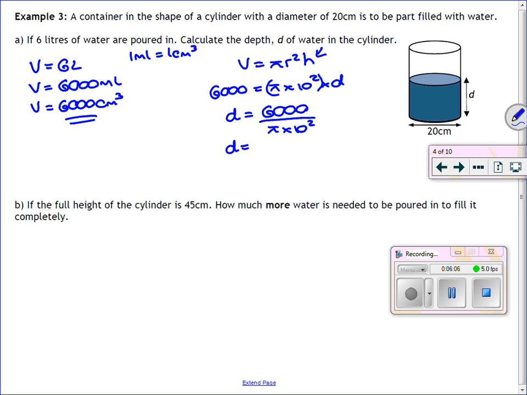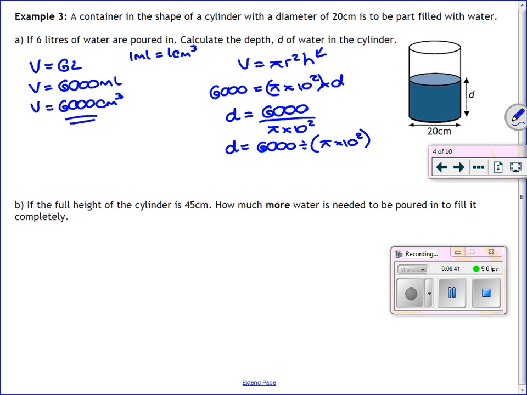And that's just what we plug into the calculator. So 6,000 divided by, and remember when you're typing this in, like I've said before, watch out for what you're typing in terms of the bottom. Type it into the calculator as 6,000 divided by, open bracket, pi times 10 squared, close bracket, so that you are dividing the entire denominator and not just the pi and then multiplying by 10 squared.